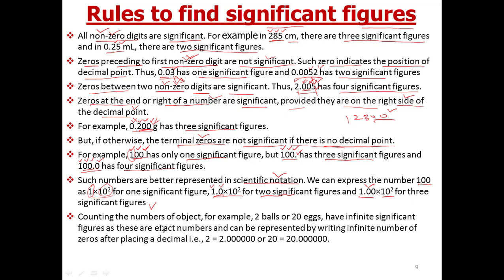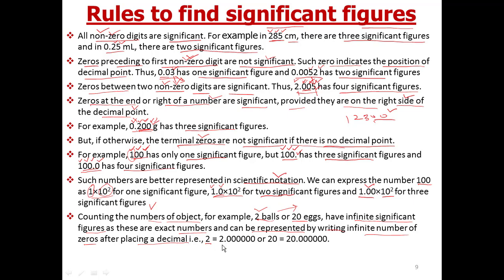And this rule is also very important. Counting the number of objects, for example 2 balls or 20 eggs, which are known with actual accuracy, have infinite significant figures. So you have to remember that things which are known with absolute accuracy have infinite significant figures, as these are exact numbers and they can be represented by writing an infinite number of zeros after placing a decimal.